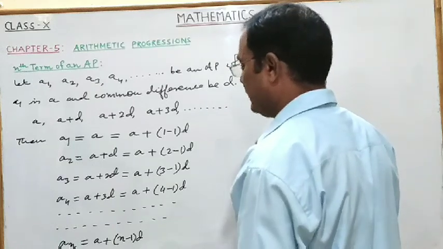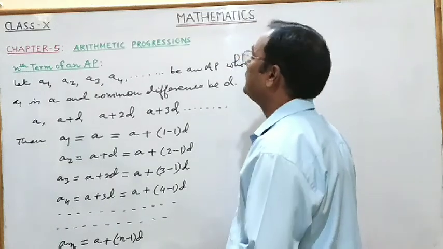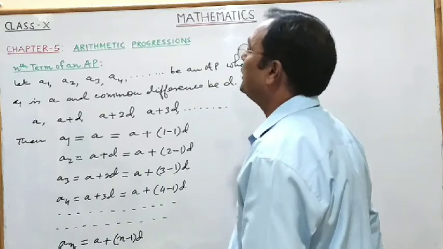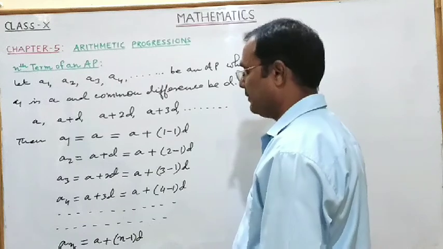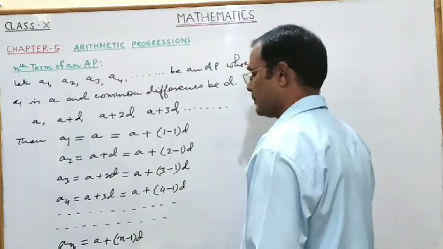An denotes the nth term of this arithmetic progression whose first term is A and common difference is D.